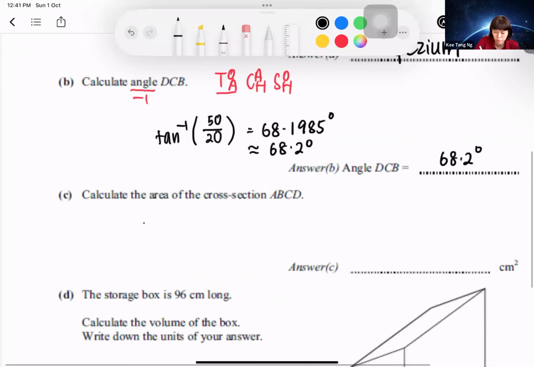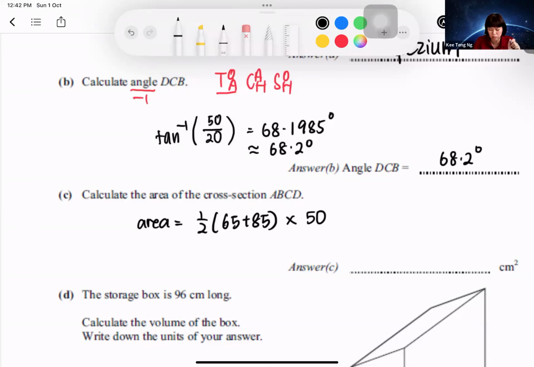So the area of the trapezium will be half times 65 plus 85, the two parallel sides, times the height 50, or rather the perpendicular distance between them. 65 plus 85. Please remember to put the multiplication sign in your calculator when you calculate the number. So 3750 cm squared. Okay, have you gotten your answer?